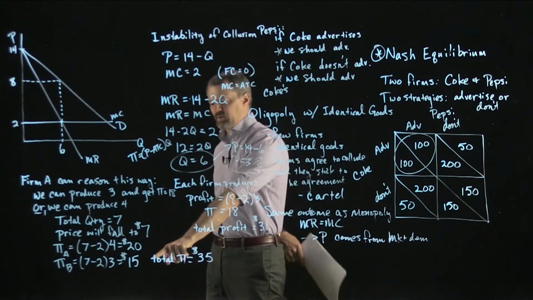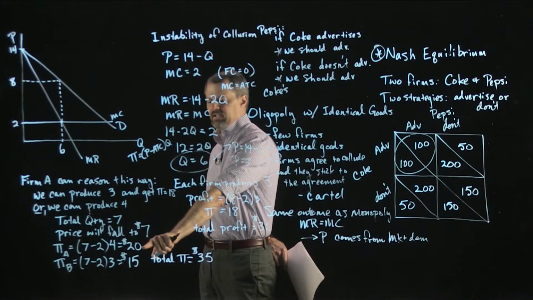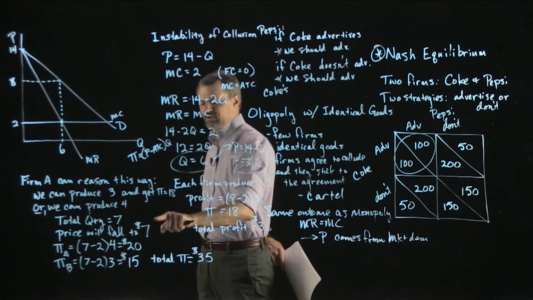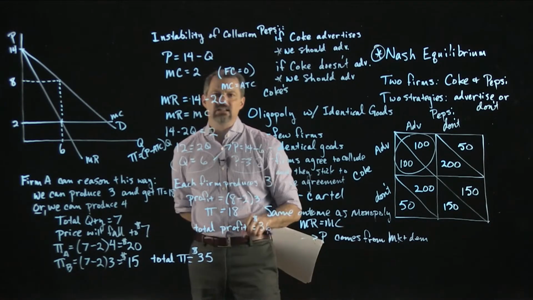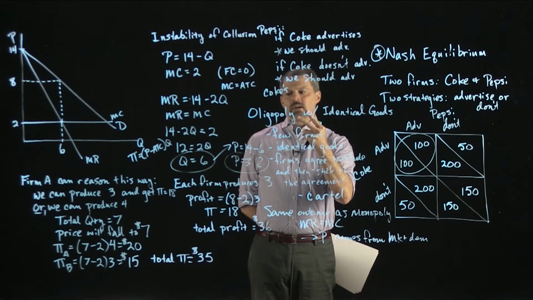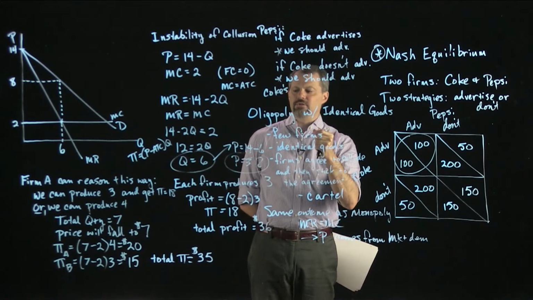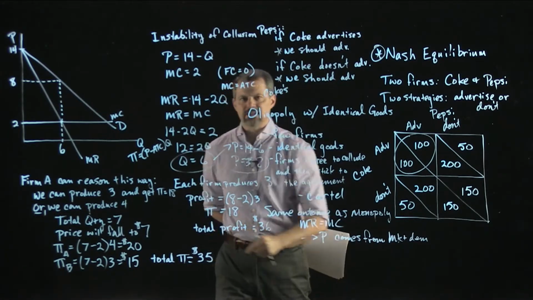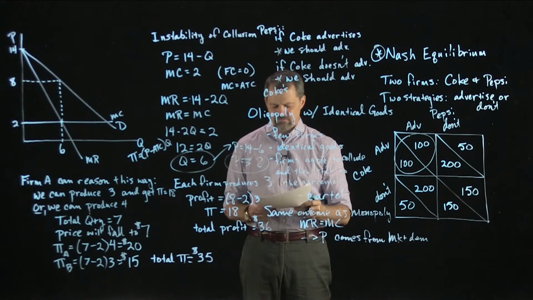Here, the incentive to break the agreement is that you can get a couple of extra dollars of profit. You can get 20 instead of 18. If we have 3 firms, each producing 2, and then you see what would happen if one of those firms brought a 3rd unit, you'll see that there's an even stronger incentive to bring that 3rd unit.